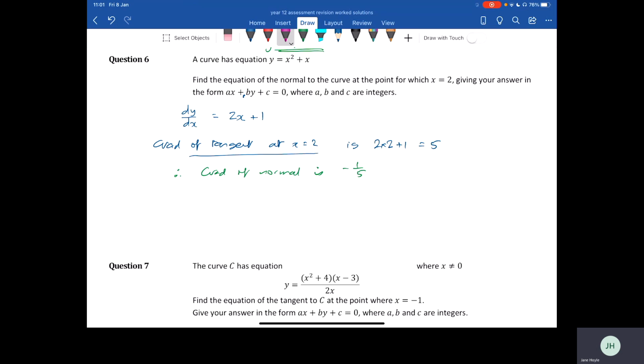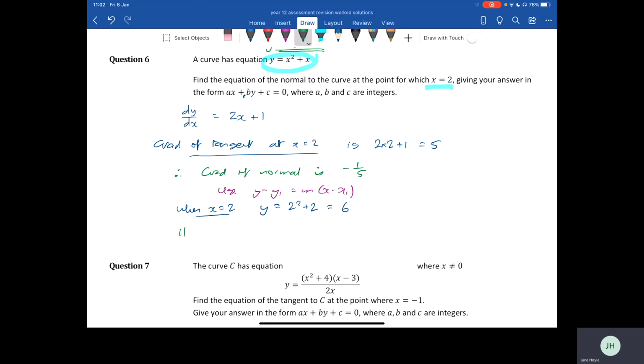And then, as I did before, I'm going to be using y minus y1 is equal to m, x minus x1, but to do that, I first need to work out the y value. So when x equals 2, y is, so the curve x squared plus x, so remember back up to there, and my x value is 2, so I am working out 2 squared plus 2, which is 6.